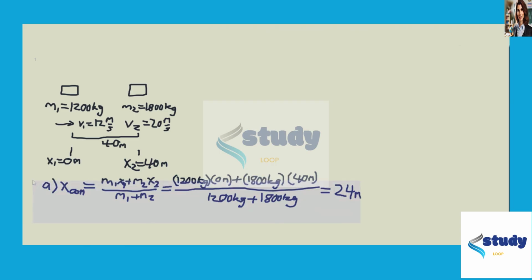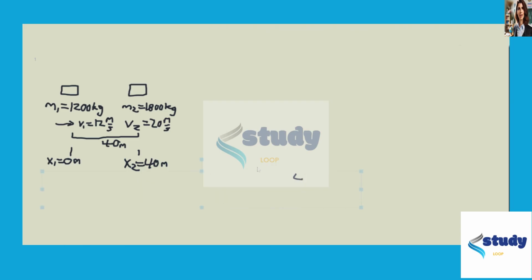So the next step asks us to find the total momentum of the system. Total momentum is given by the sum of individual momenta, which is just m1 v1 plus m2 v2.